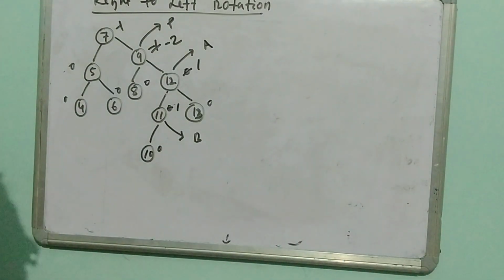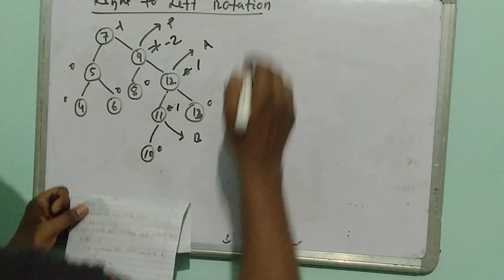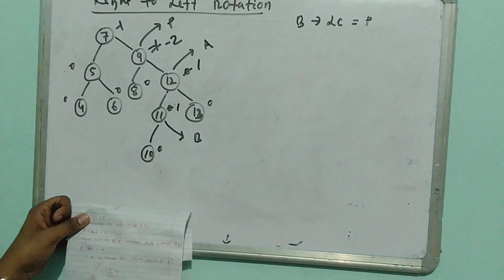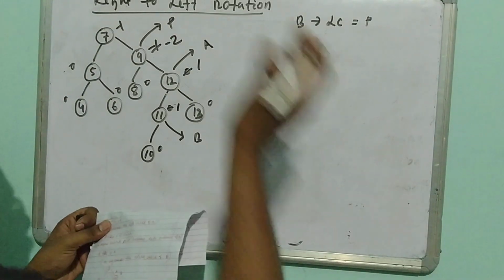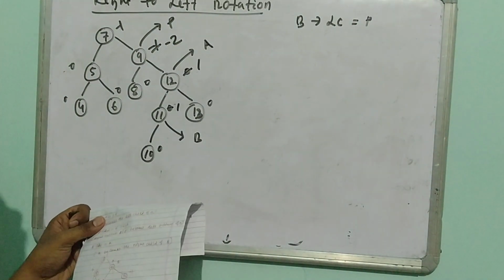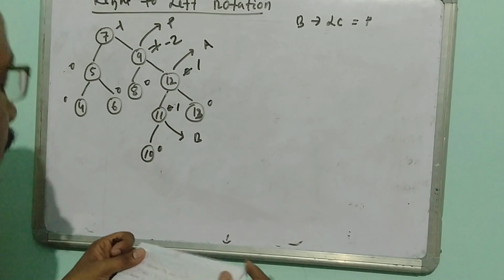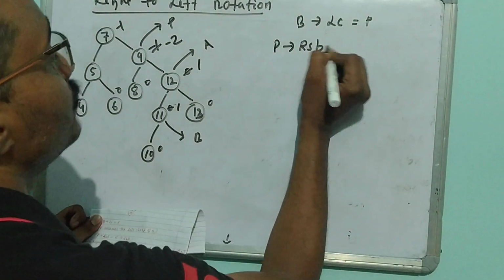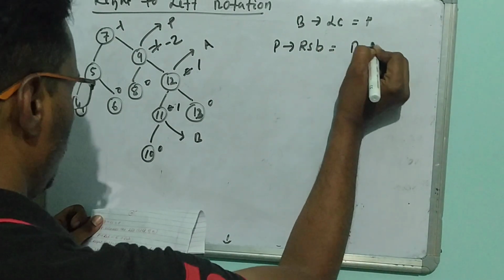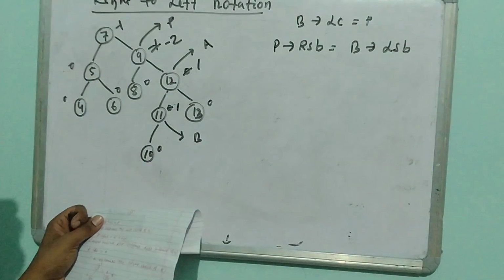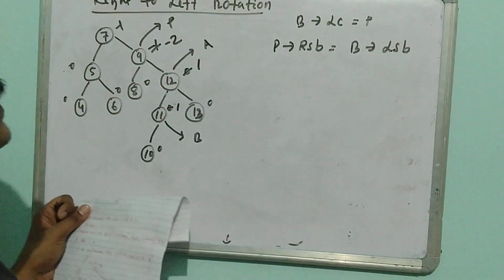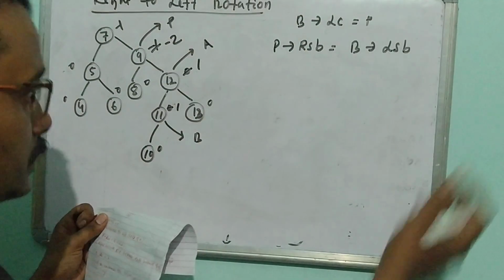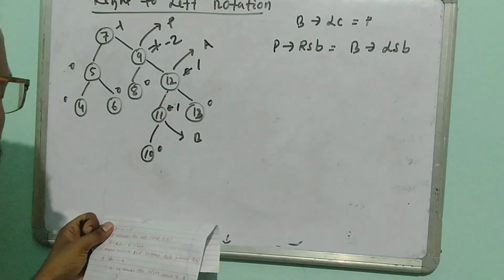And we have to make certain equations to make it balanced from right to left rotation. This is the reverse of left to right rotation. So B LC is equal to P. So P becomes the left child of the B, and P RST is equal to B LST. So the right subtree of the P is the left subtree of the B. Obviously this is the reverse of left to right rotation.